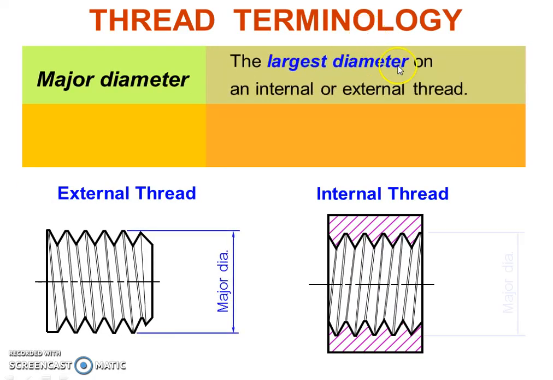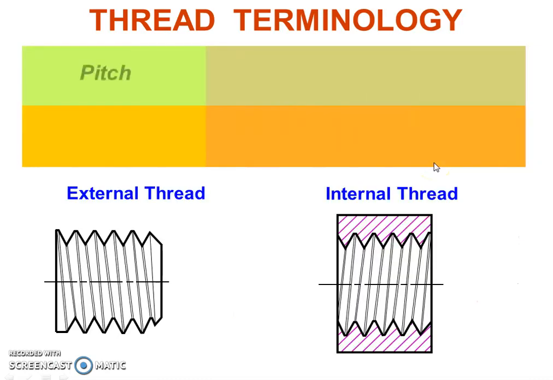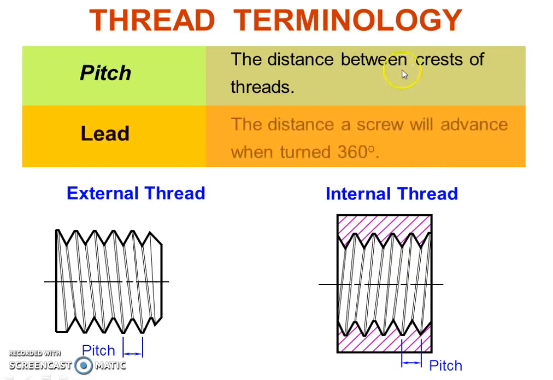Major diameter is the largest diameter on internal or external threads. Minor diameter is the smallest diameter on internal or external threads. Pitch is the distance between crests of a thread. Lead is the distance a screw will advance when turned 360 degrees, or in one revolution.